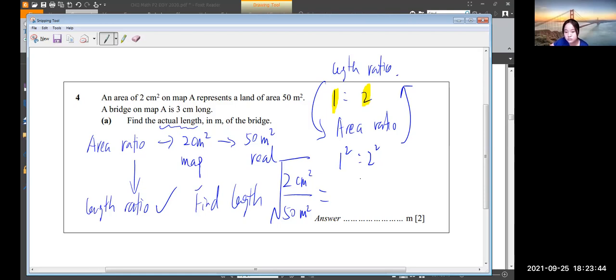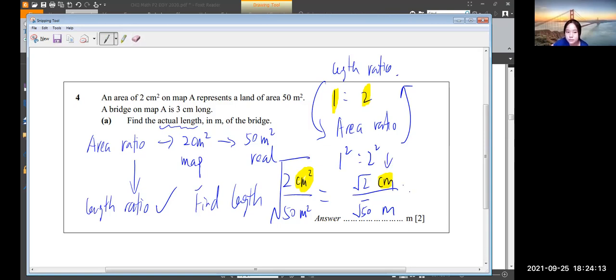It's okay. Then you get cm already. Then you get m already. Do you know why when you square root cm square, you will get cm? Because square root and square, they cancel each other. Understand? Yeah. Very good. So this is your length ratio.